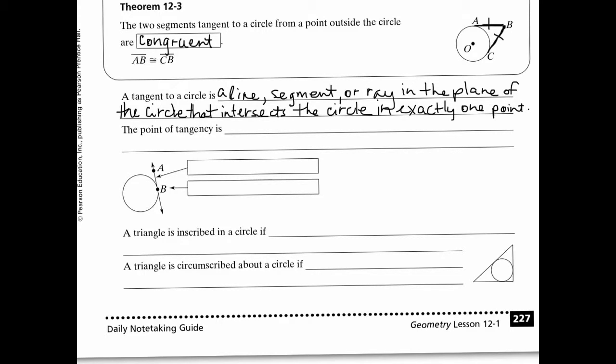So you can see that's the important part of the word tangent, is that the line, segment, or ray is going to touch the circle in exactly one point.